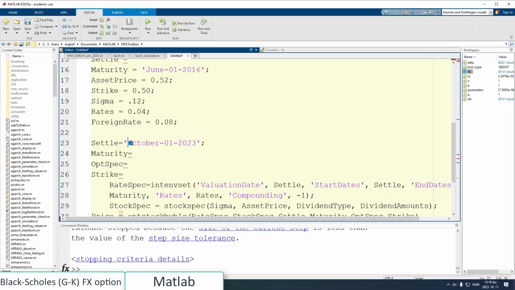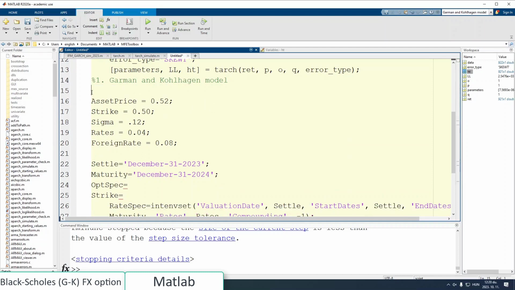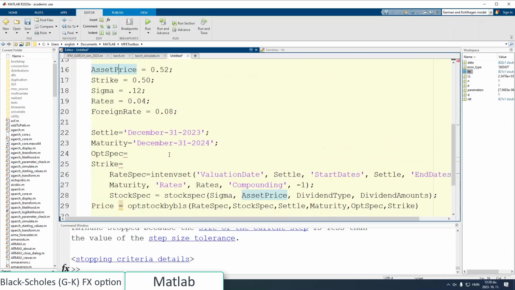So let's say that settle date will be December 31, and then practically it doesn't matter because we can calibrate a 1 year option this way, just increasing the number of years, and then that's all. Then obviously we need an asset price, because after that it will be requested here.